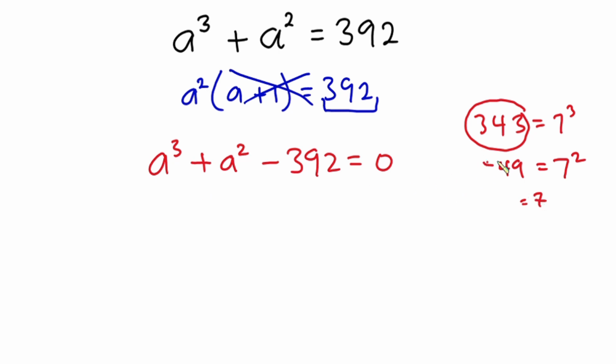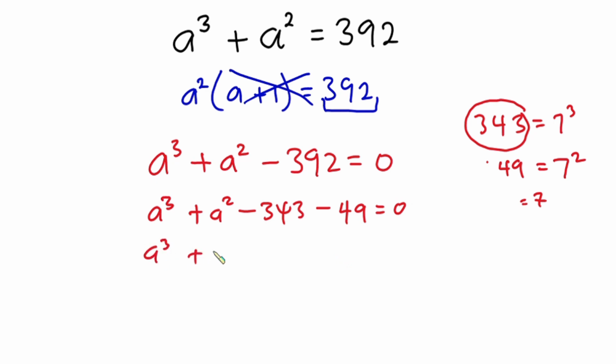Now let's put these values into the equation so that we get a to the third power plus a to the second power minus 343 minus 49 is equal to 0. So we have a to the third power plus a to the second power minus, we already know that 343 is 7 to the third power, so we have 7 to the third power here, then minus 7 to the second power, which is the 49, right?